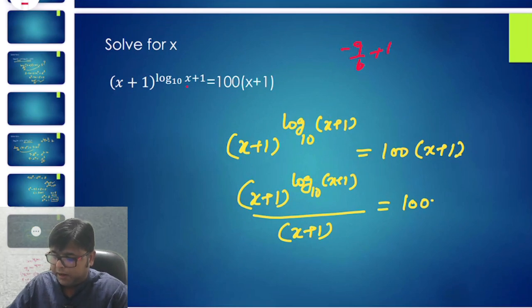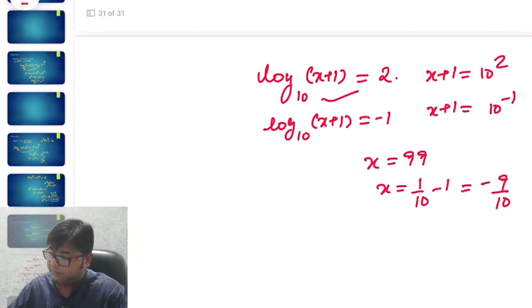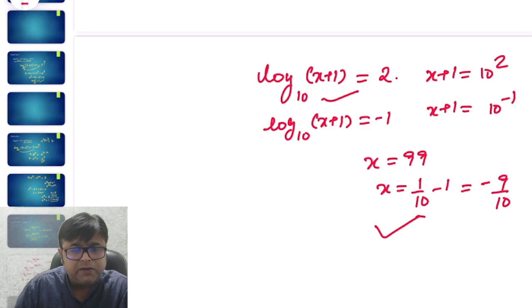So there is no way I can reject any of them, because I am taking log of the bracket x plus 1, and this will be 1 by 10. Yes, absolutely. So both are valid. So these are some of the examples which are there in logarithms.